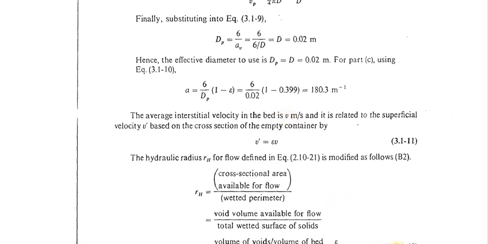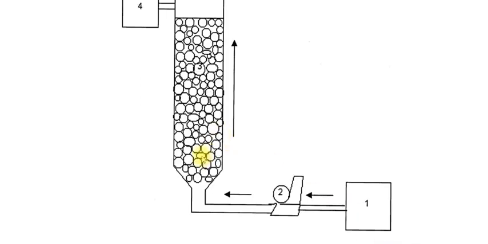In this diagram, when the fluid flows from here to here, the average velocity of the fluid is represented by V. So it is the actual velocity when this column is filled with the particles.